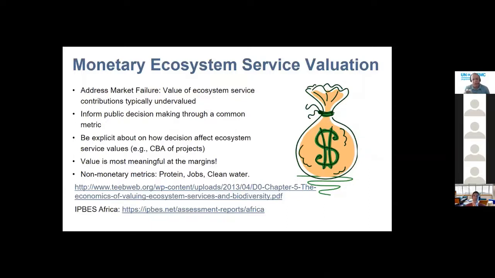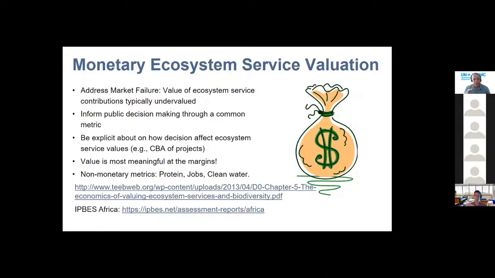And just to highlight, the values are most meaningful at the margins, plus or minus 10%, rather than the whole lot, valuing all oxygen in the atmosphere, for instance.